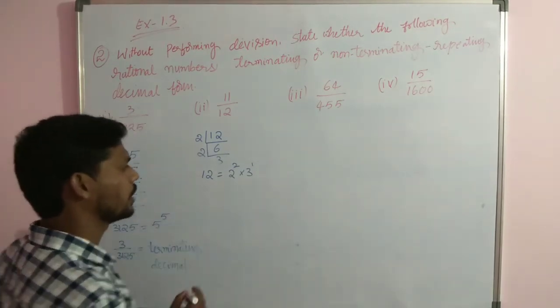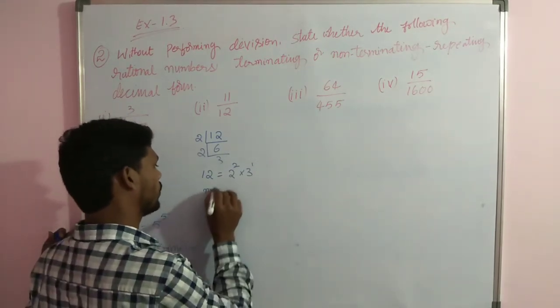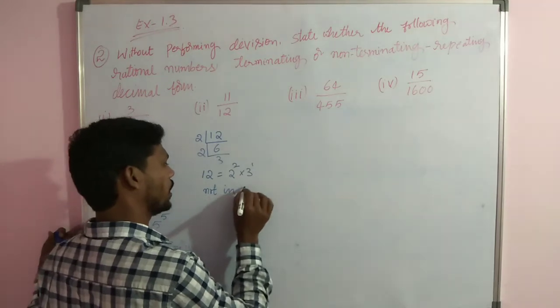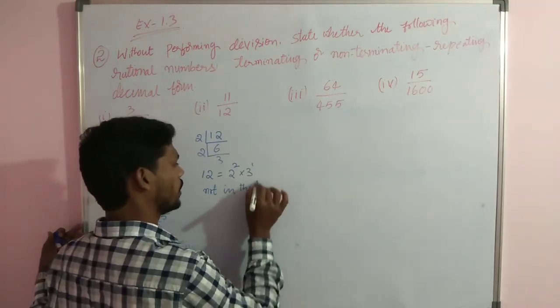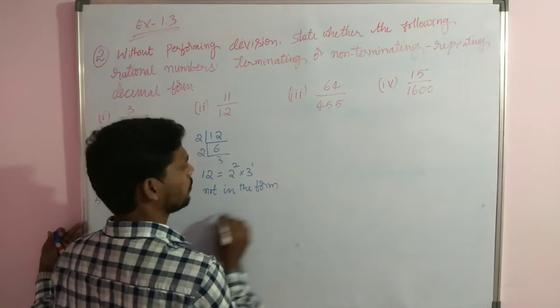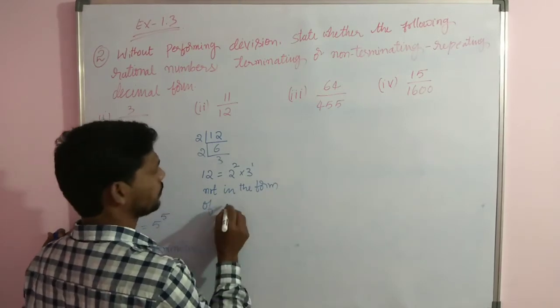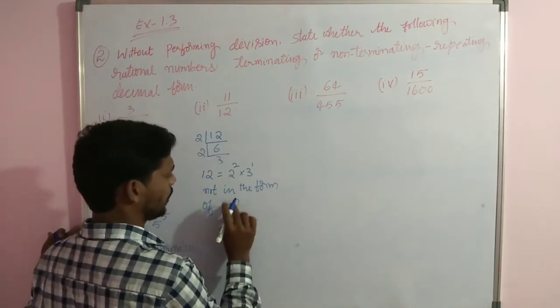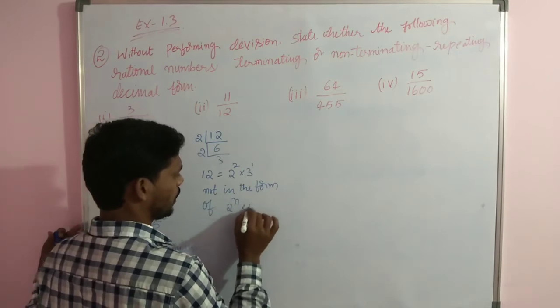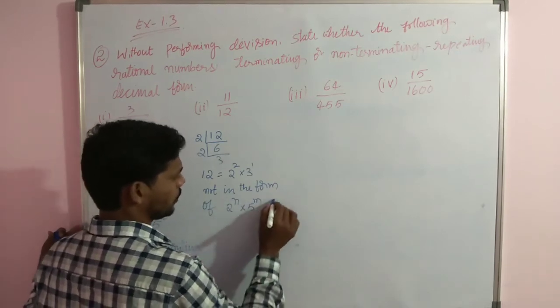So which is not in the form of 2 power n and 5 to the power of m.